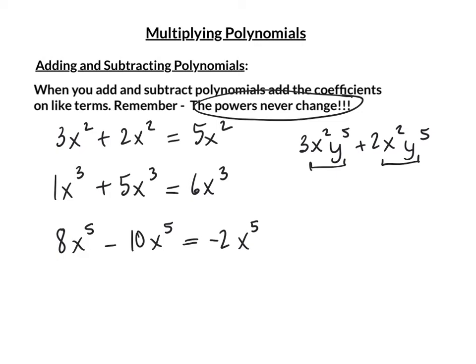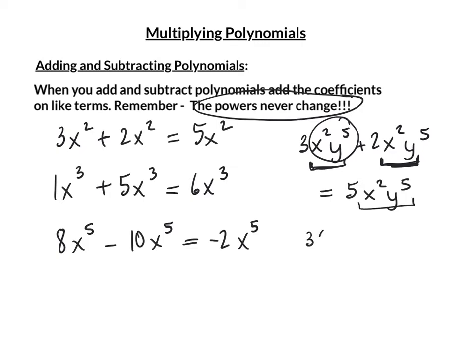There are 3 of these things and 2 of those things. Altogether, there are 5 of those things. What often happens is students want to treat these things like they're individual pieces, but they're not. There are 3 of whatever that number is and 2 of whatever that number is. Altogether, there's 5 of whatever that number is.